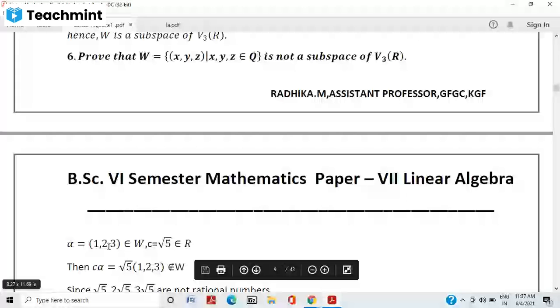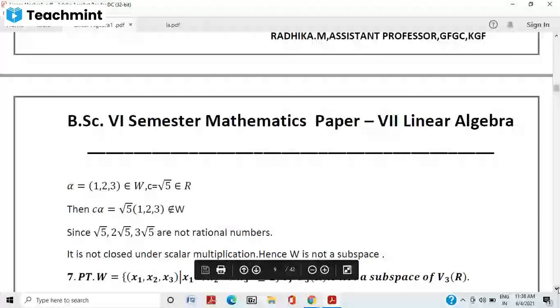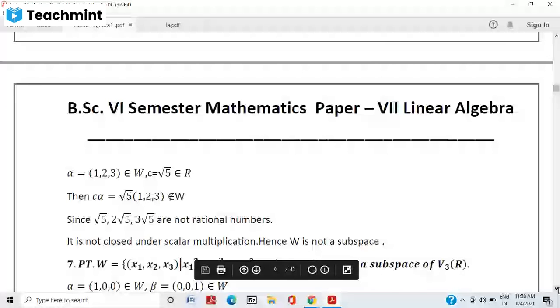Then we take alpha equal to (1, 2, 3) belonging to W. Then we take C as an irrational number, any number you can take, C equal to root 5, which belongs to the real numbers. Then we find C alpha, which is root 5 into (1, 2, 3). But root 5, 2 root 5, 3 root 5 are all irrational numbers, so it doesn't belong to W. Therefore, it doesn't satisfy scalar multiplication, so it's not a subspace.